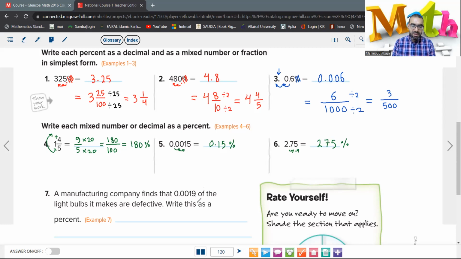Write this number as a percent. Very easy. 0.0019. We need it to be a percent. So we will move decimal point to the right 2 places. This will be 0.19% of bulbs are defective.